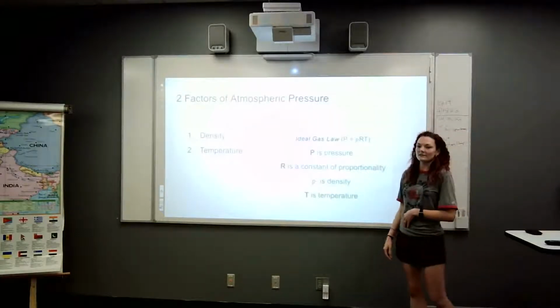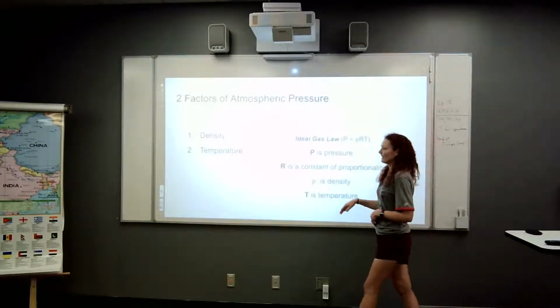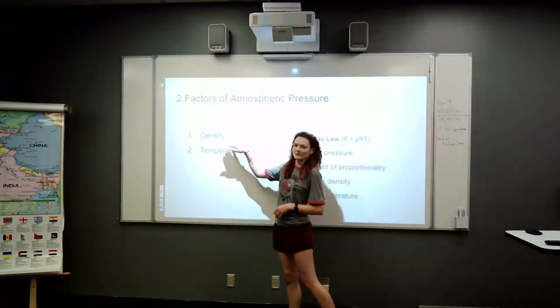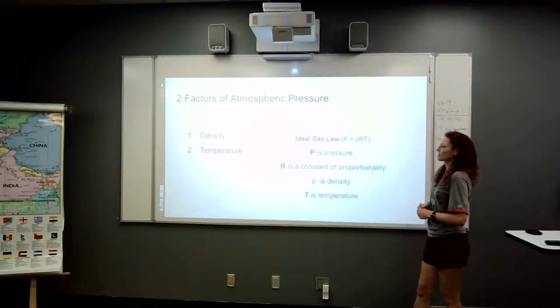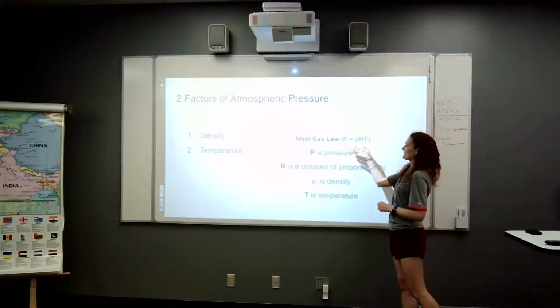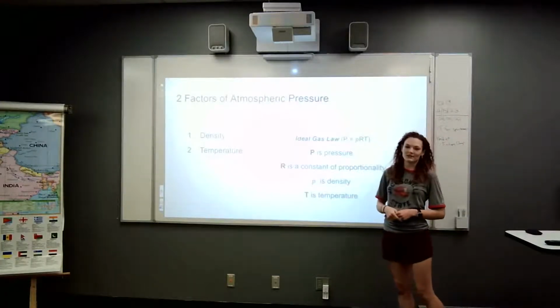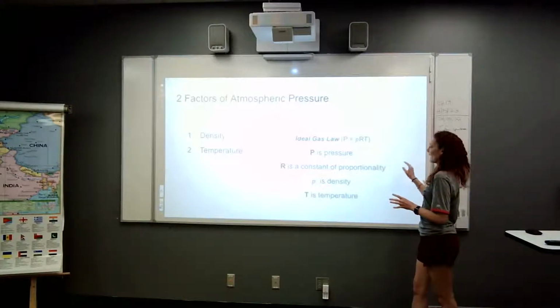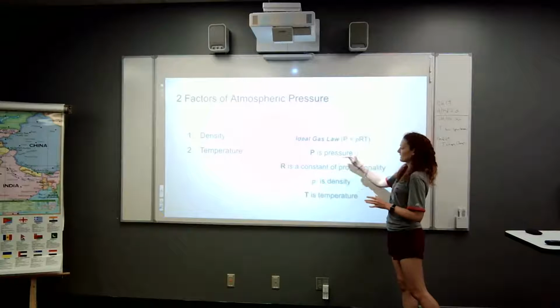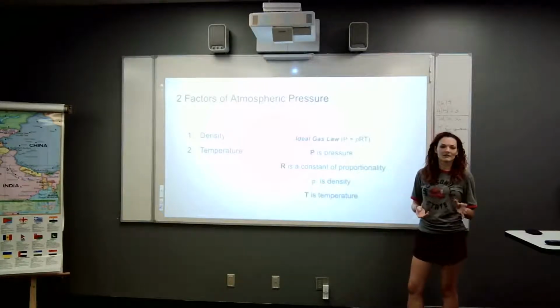There are two factors that go into pressure, and the two factors are density and temperature. This is important that you know these two factors, density and temperature. They're shown in this formula called the ideal gas law. This shows the relationship between the density and temperature and how it affects pressure. So P is pressure, R is just a constant value.